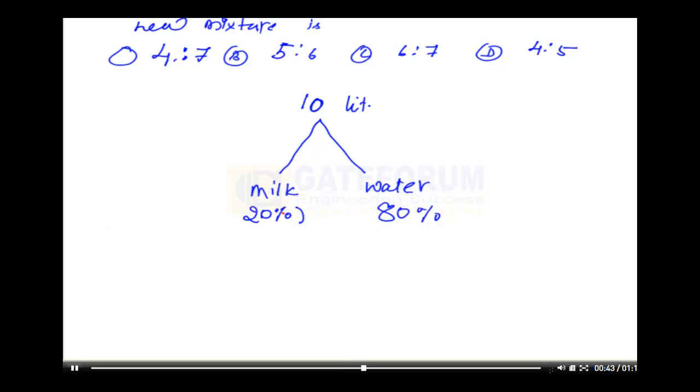So 20% of 10 liters is nothing but 2 liters. Remaining will be 8 liters, of which 2 liters of water is added and 3 liters of milk is removed. So the ratio of milk will be 4 and water will be 5, 4:5. Ratio of milk and water is 4:5, which is option D.